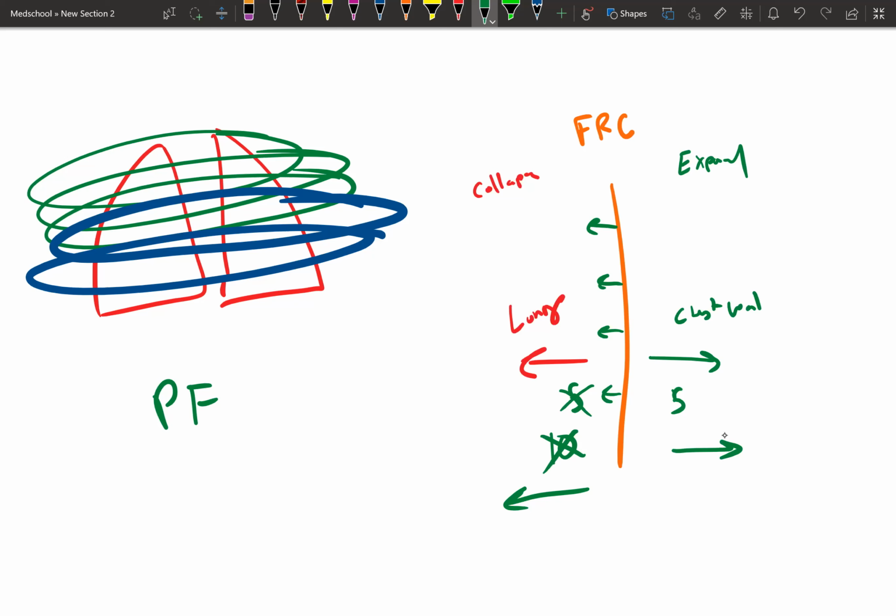Maybe it goes back down to 7. The chest wall is the opposite. If the chest wall wants to be over here at its native line, and we are moving the FRC, basically causing the chest wall to move further away from its native conformation, then its outward recoil will increase or decrease.